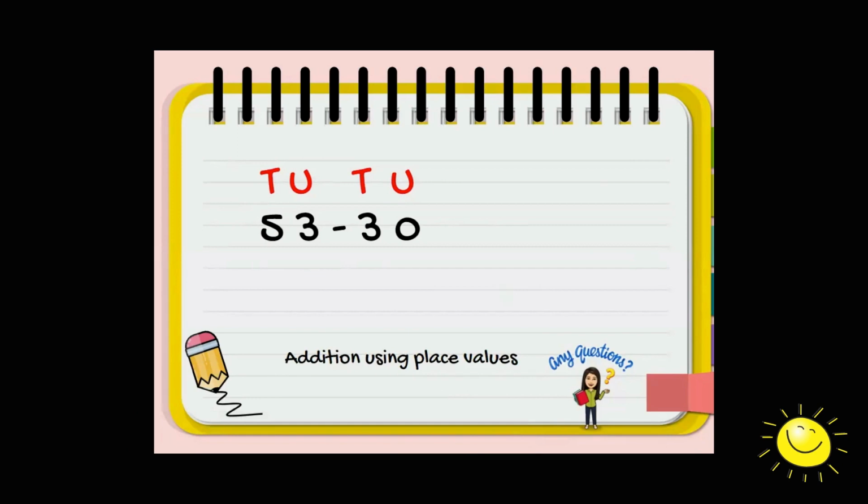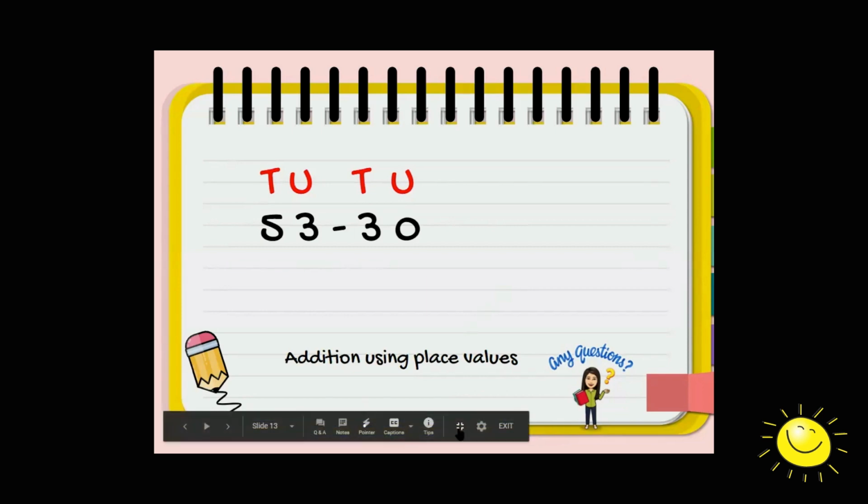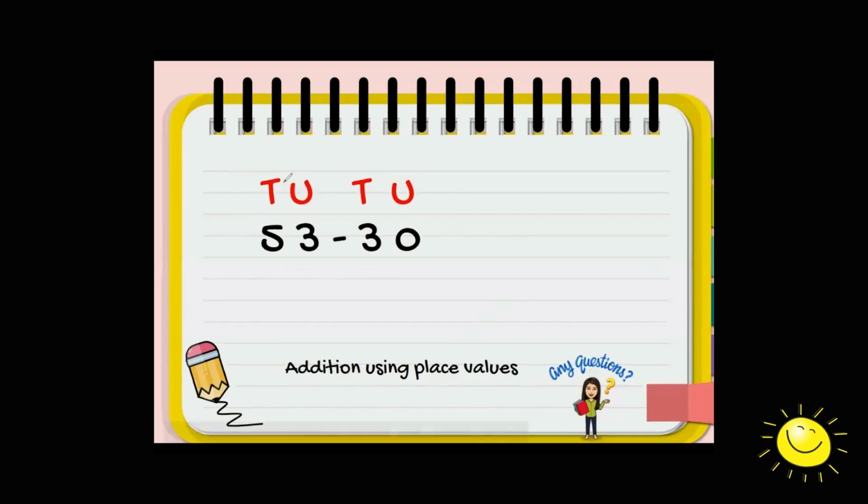We will do a similar strategy by using place values. We'll take the same number, 53 minus 30. So the first thing is you write the place value on top. So you know that we start from the right side. So this unit is 3 and 5 is the tens place, right?